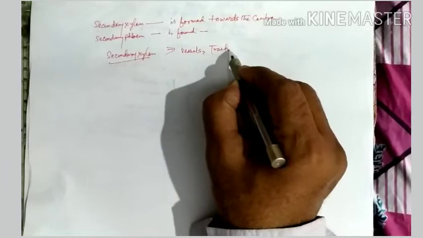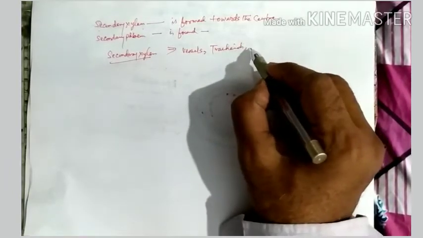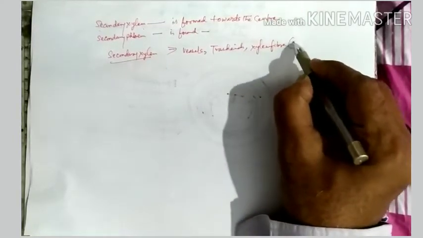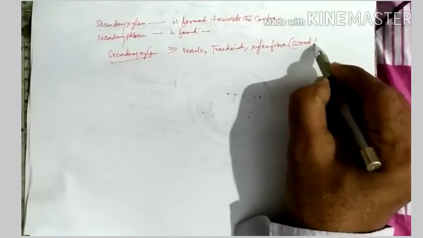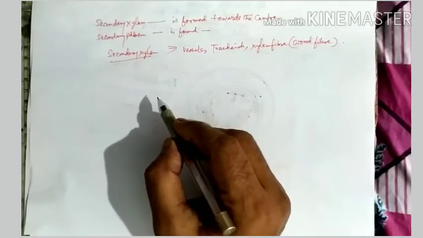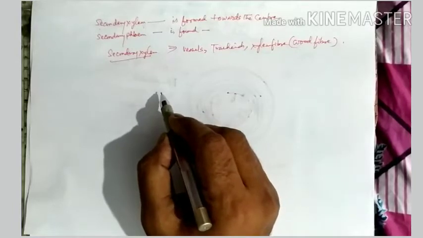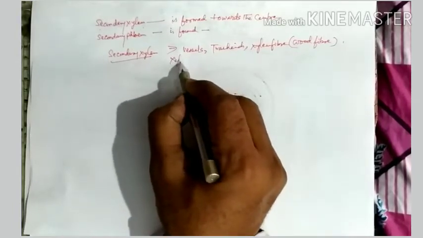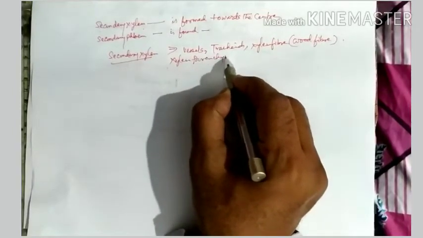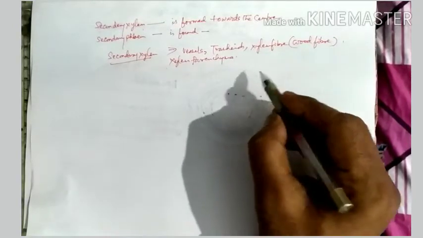As we know, these are the elements of the xylem, and xylem fiber or wood fiber is found, and the xylem parenchyma, which is found in the secondary xylem, sometimes contains starch grains.